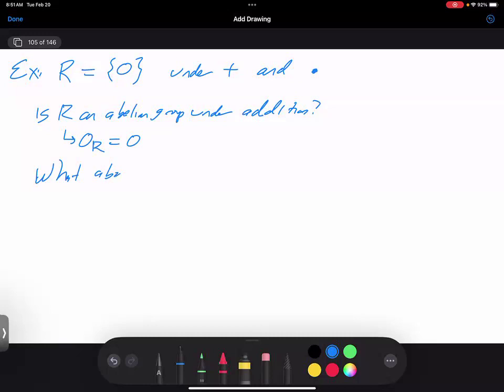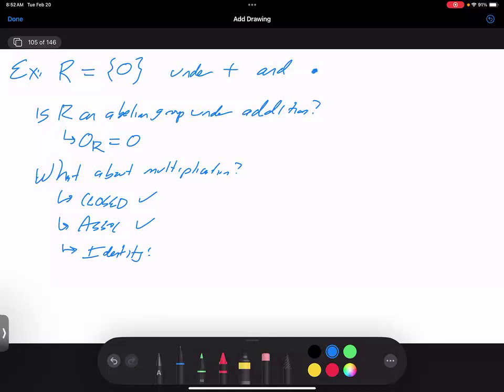What about multiplication? Is it closed? Yes. Is it associative? Yeah. Is there an identity? Yes. 0 times r equals r for all r in R, right?